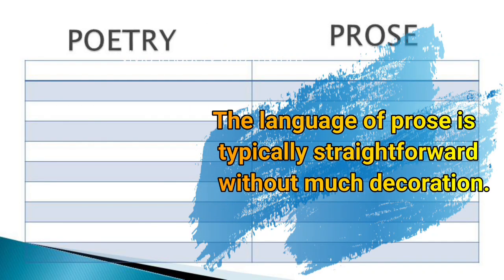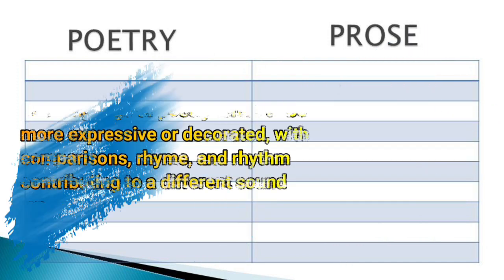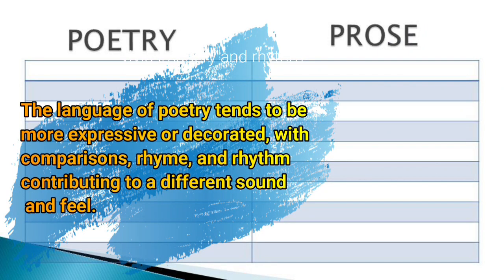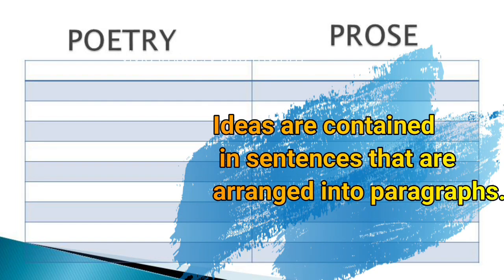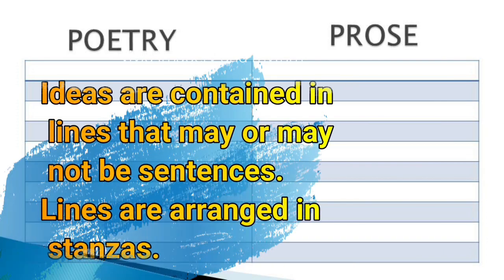The language of prose is typically straightforward without much decoration. The language of poetry tends to be more expressive or decorative, with comparisons, rhyme, and rhythm contributing to a different sound and feel. Ideas are contained in sentences that are arranged into paragraphs. Ideas are contained in lines that may or may not be sentences.